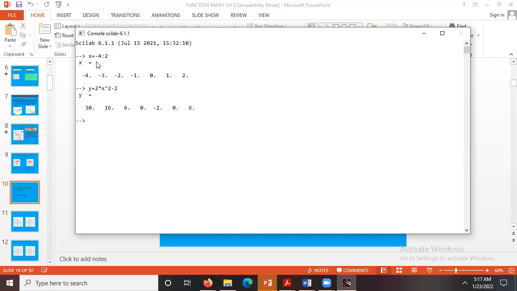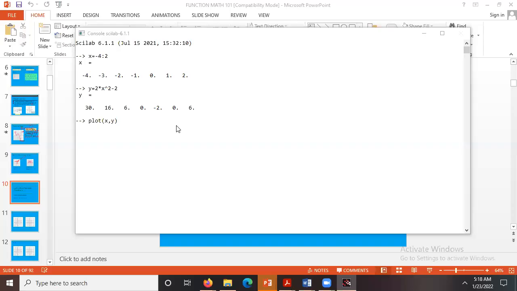We want to plot our points and see the graph of the function. You are going to use a plot command. So we plot x comma y. If you are not asking a question, just mute your microphone for us. We do not want to hear.